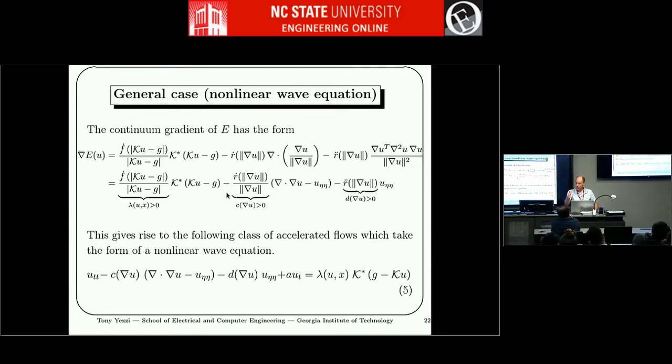First of all, it means that the gradient descent will be well posed under these assumptions on how you regularized. The gradient descent is going to flip the sign of everything, and these two terms are going to represent positive diffusion, so your forward diffusion. And then this is going to be, in general, some kind of a reaction term.